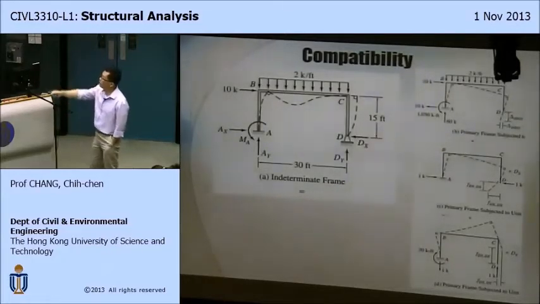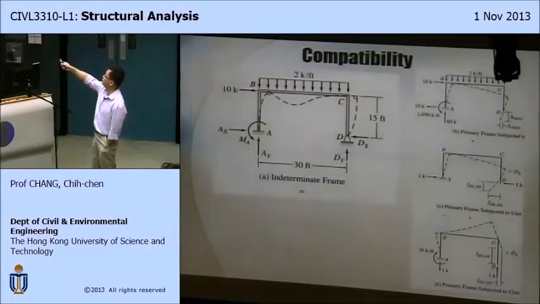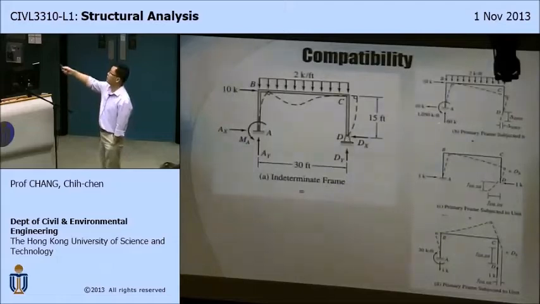So you need to remove these 2 redundant forces first, keeping the external force, and then calculate the displacement along the 2 redundant force directions. So this is the first calculation you need to do. Under the actual loads, removing the redundant forces, calculate displacement vertically and horizontally.